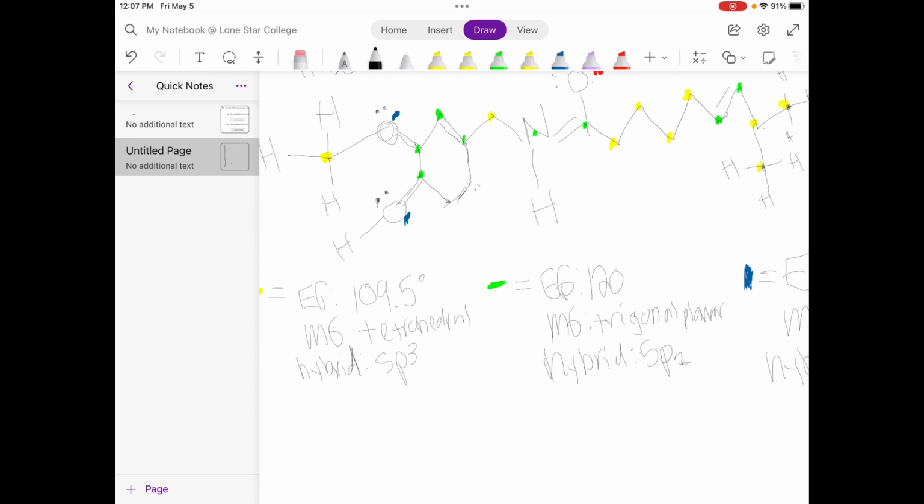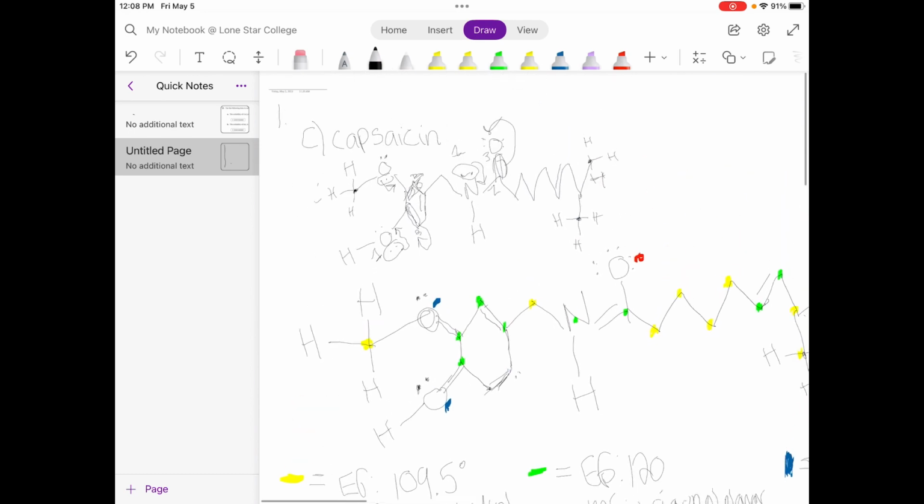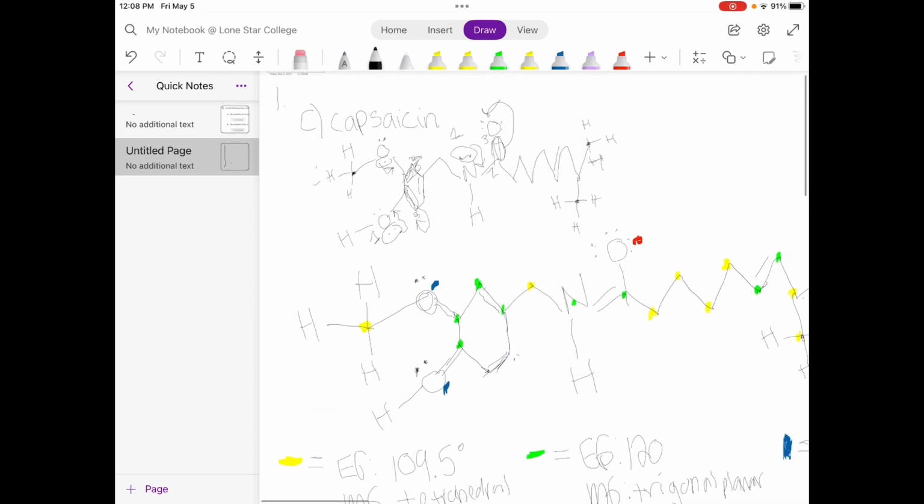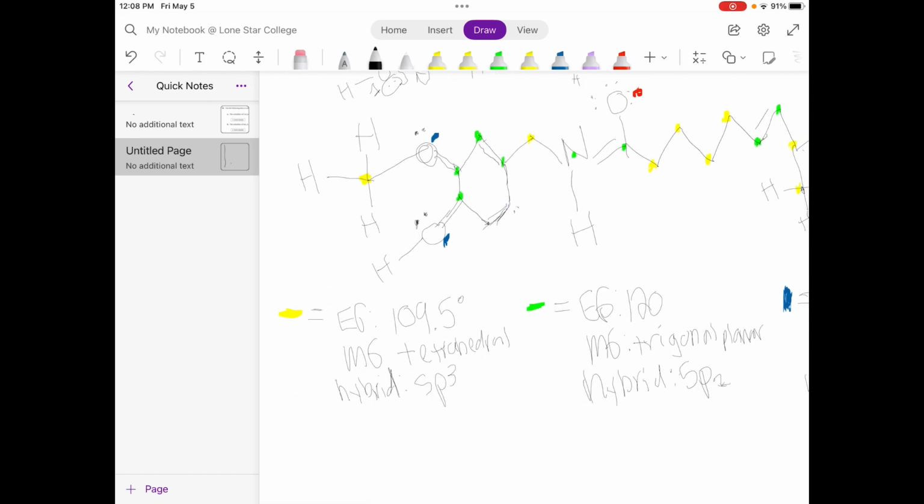This is actually a double bond. No, wait. Is that a double bond? No, that's not a double bond. That's why I'm getting confused, because handwriting is so terrible. I thought it was a double bond. This is a single bond, not a double bond.